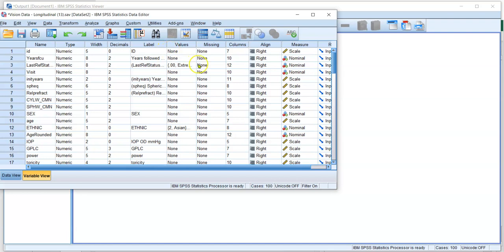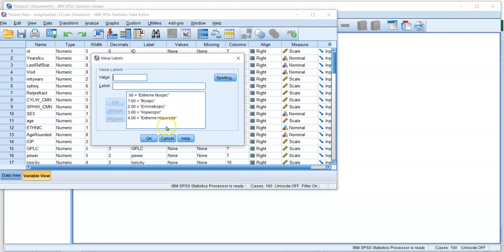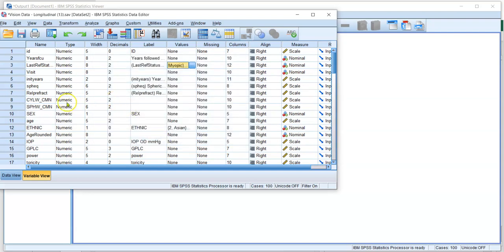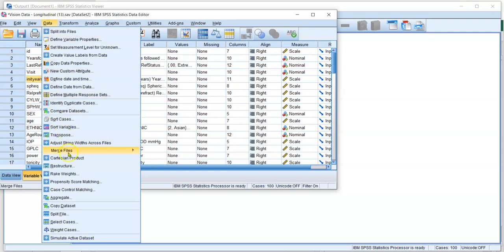Actually, I also define extreme myopes and extreme hyperopes. But we're going to use the variable init years. Init years is the years before and after, and including, the year of diagnosis for myopia. So if we select based on this variable, we will only get myopes.